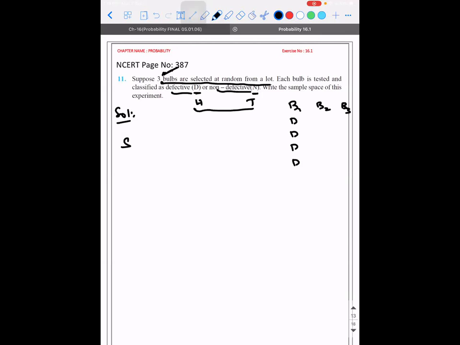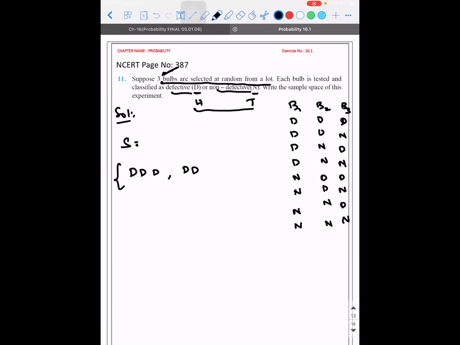DDD, DDN, DND, DNN, NDD, NDN, NND, NNN. The first bulb might be defective, second might be defective, and third also might be defective.